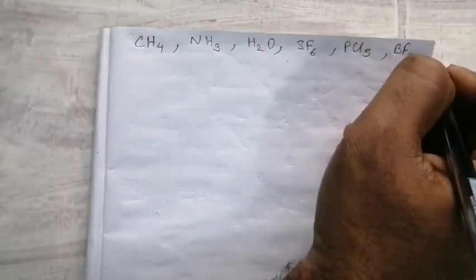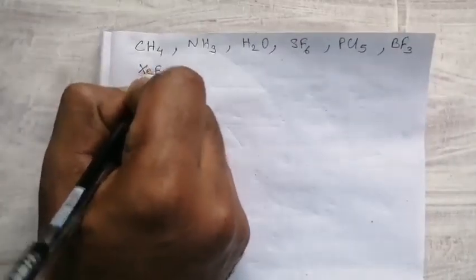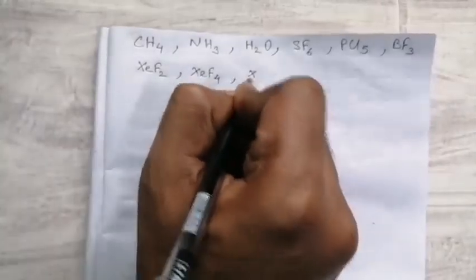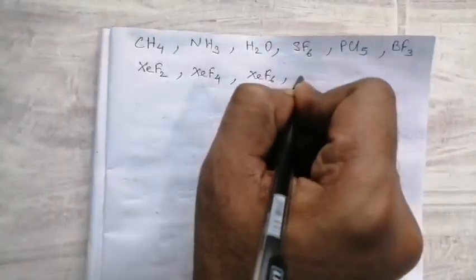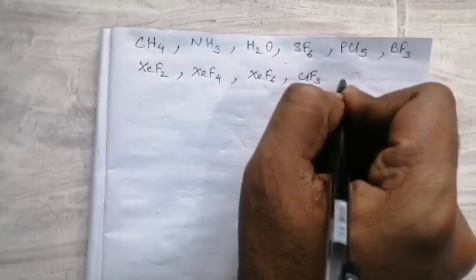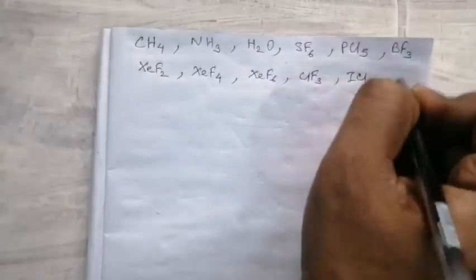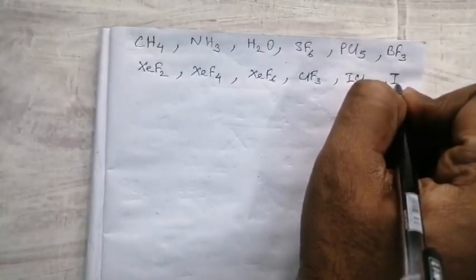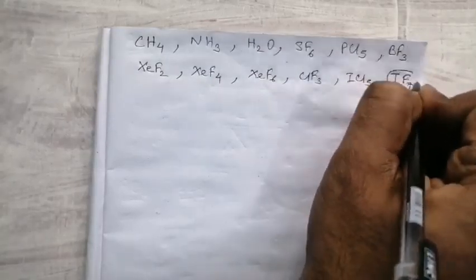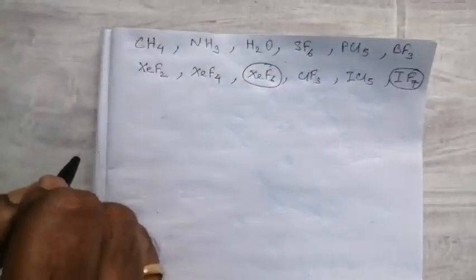So after doing these neutral molecules, we will do little more complex molecules like xenon compounds XeF2, XeF4, XeF6, then ClF3, interhalogen compounds, ICl5, IF7. This is one exception we will discuss, and here XeF6 is another exception that we will also discuss.